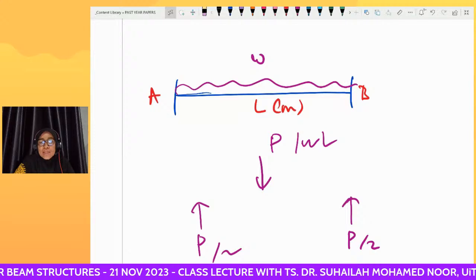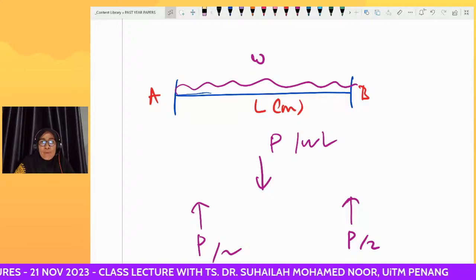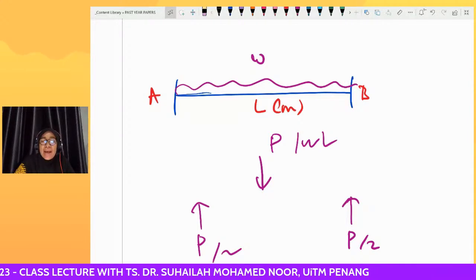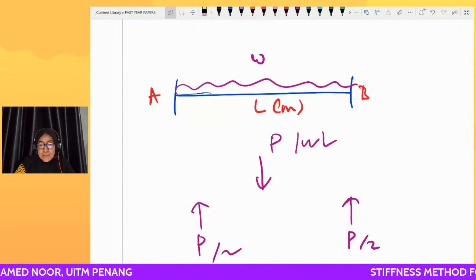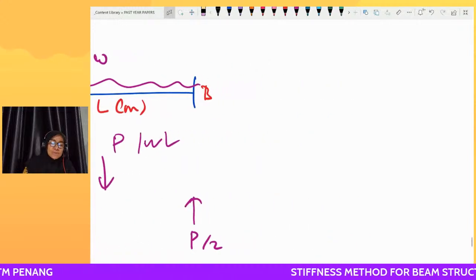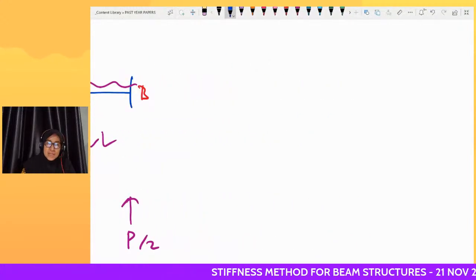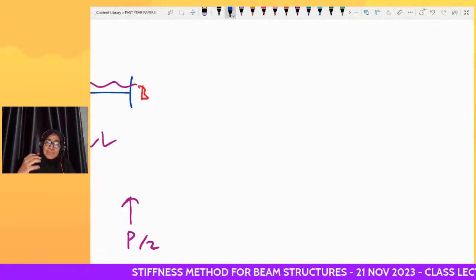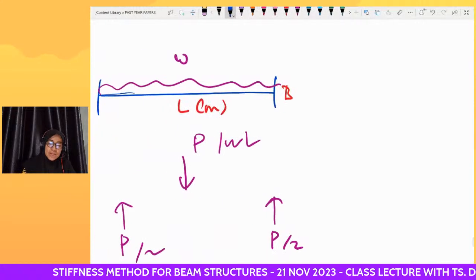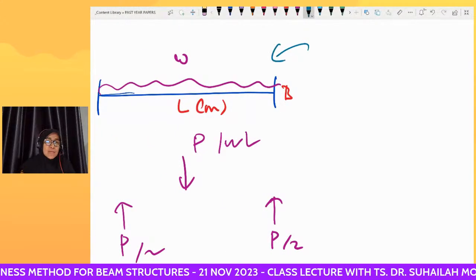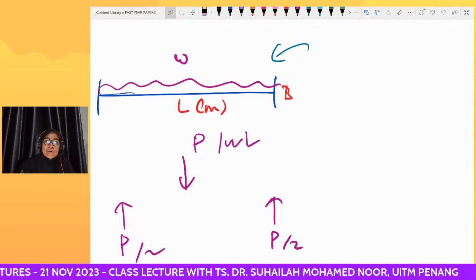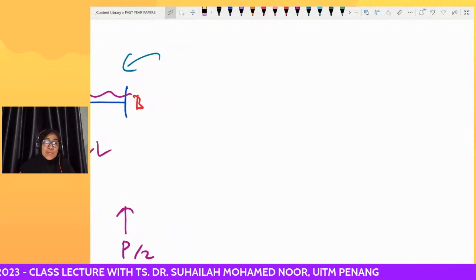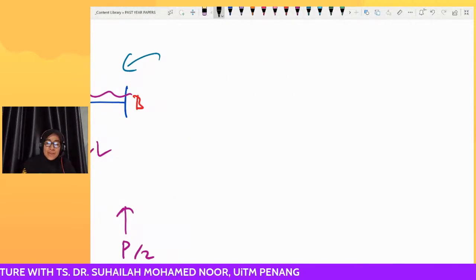The moment that we put at A and B is not an assumption, but behavior. Just imagine this beam subjected to loading: whatever member is subjected to loading will bend.